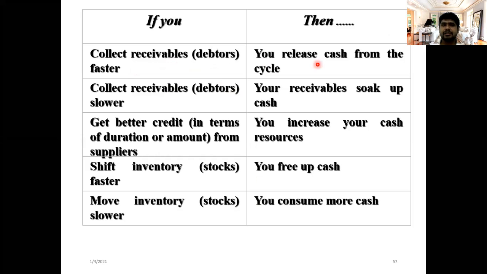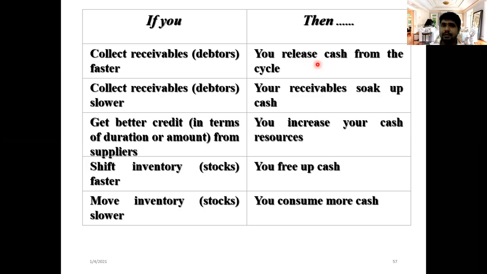If you collect receivables slowly, your receivables suck up cash, the cash cycle becomes extended, and your business becomes slow. And get better credit in terms of duration or amount from suppliers. From the supplier's point of view, if they grant you longer periods, you are happy because you have more time to settle the money.